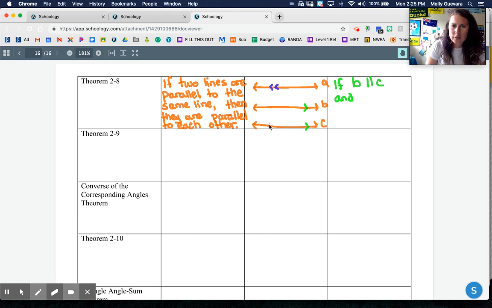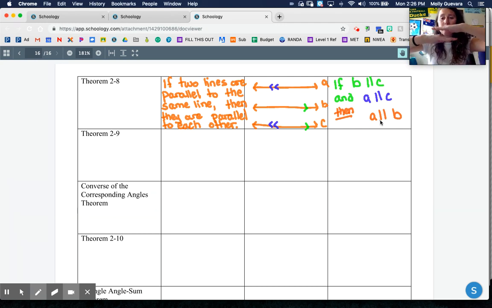So now I'm going to draw this. And A is parallel to C. So B is parallel to C and A is parallel to C. Okay, so if that happens, then that means that A is parallel to B. Okay, so B and C are parallel and A and C are parallel.